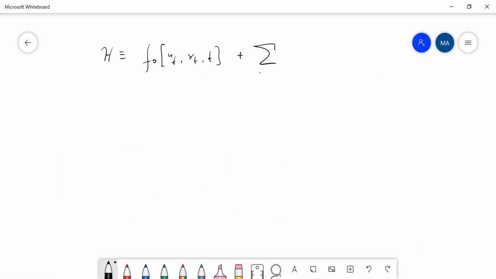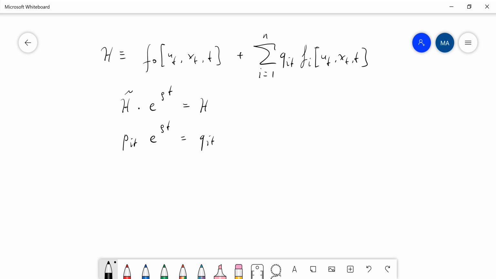And then we use q to denote current value shadow prices. In general, we have this relationship: H times e to the rho t will be the current value Hamiltonian, and pi_it times e to the rho t will be q_it.